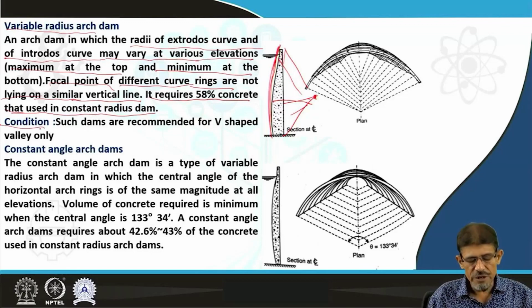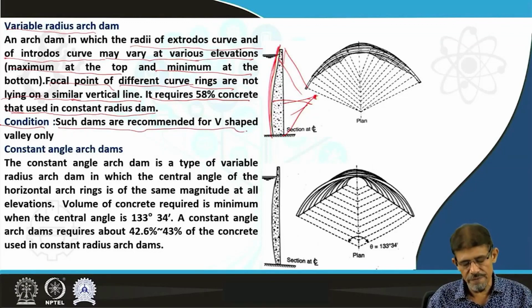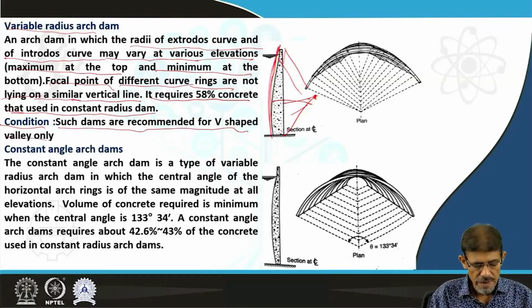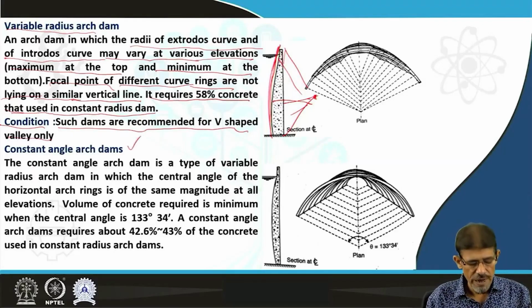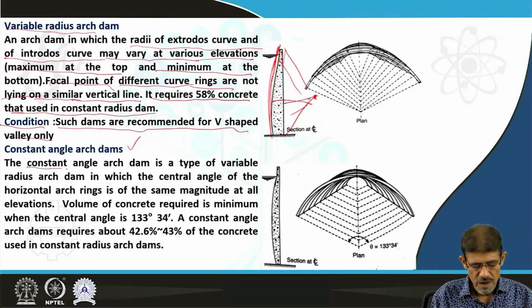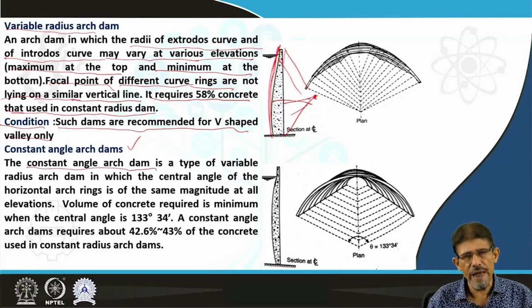In which condition is this type of dam suitable? Such dams are recommended for V-shaped valleys only. Now the constant angle arch dam: it is a type of variable radius arch dam, a special case of variable arch dam.